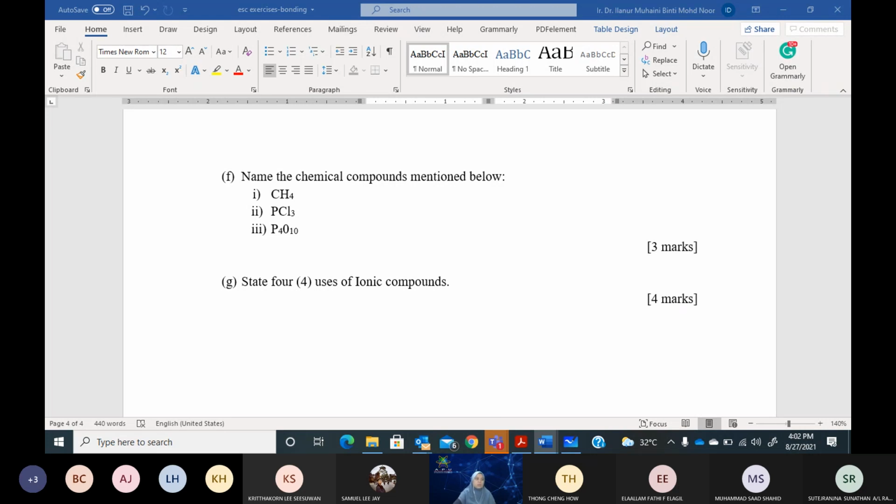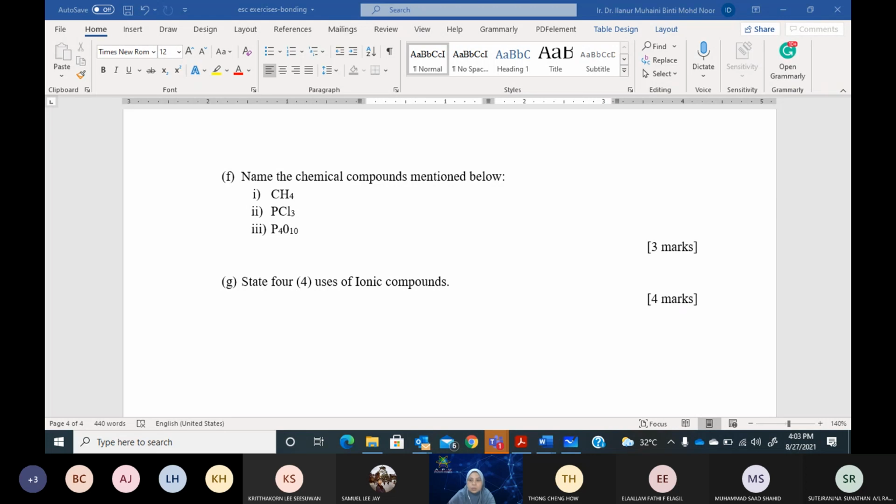Example of ionic in daily life, I already shared in the previous class. What is the use? This one 4 marks, so you need to state 4 uses, 1 mark each. Okay, answer in the chat.